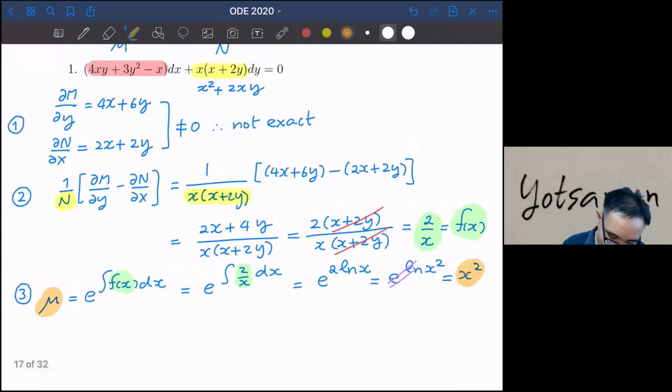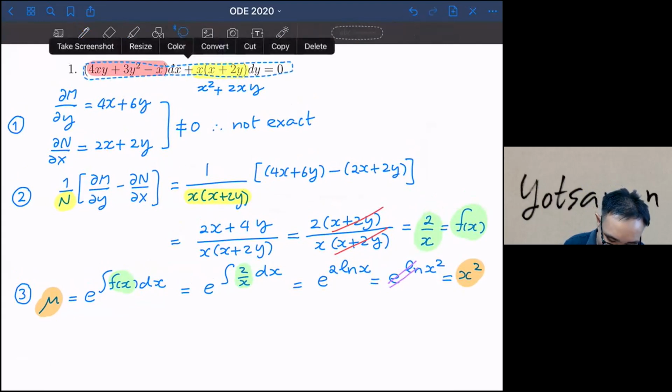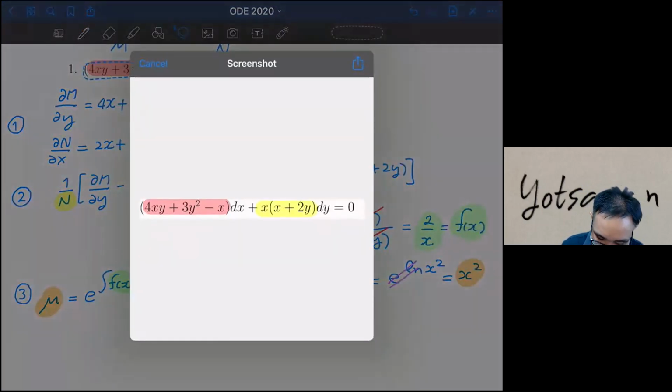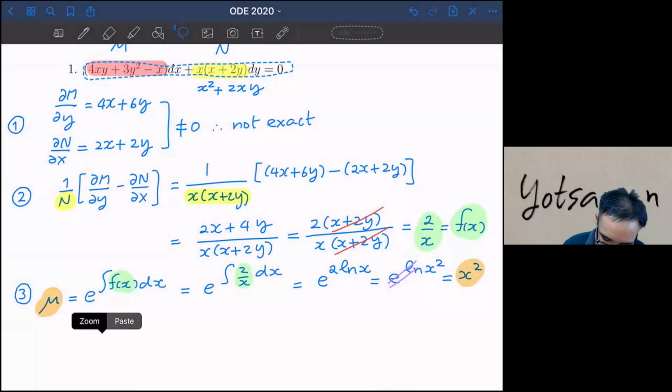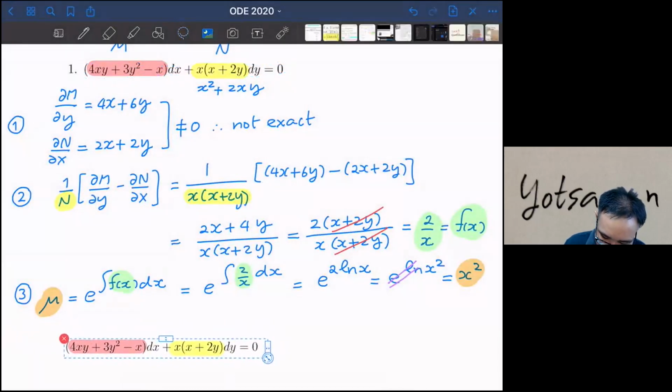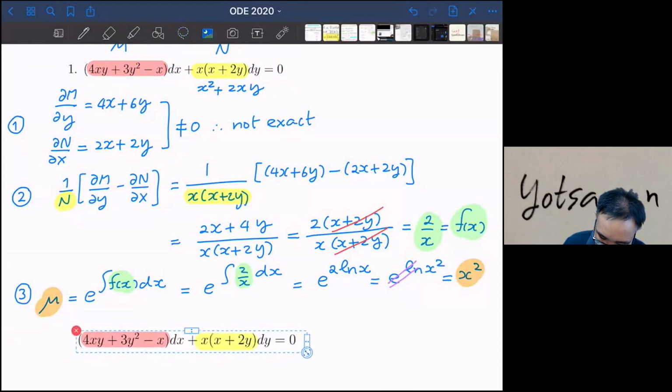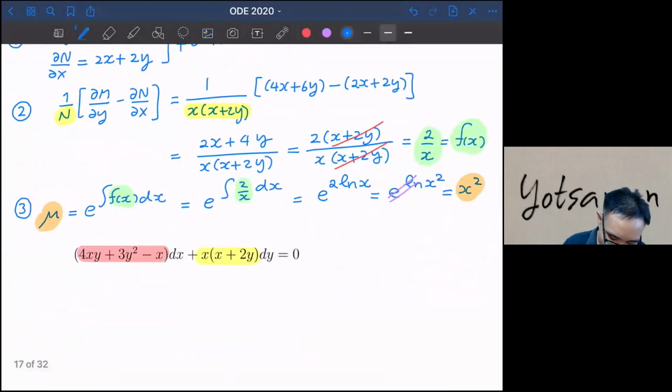Then you're just going to copy the question. Let me grab the whole thing and take the screenshot. For the fourth step, you're going to multiply the whole equation by mu.